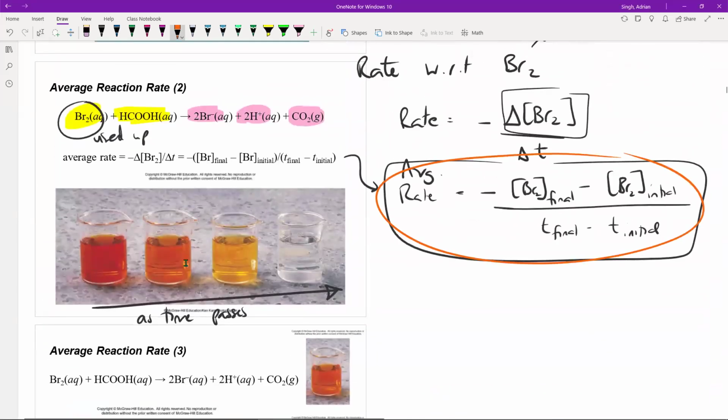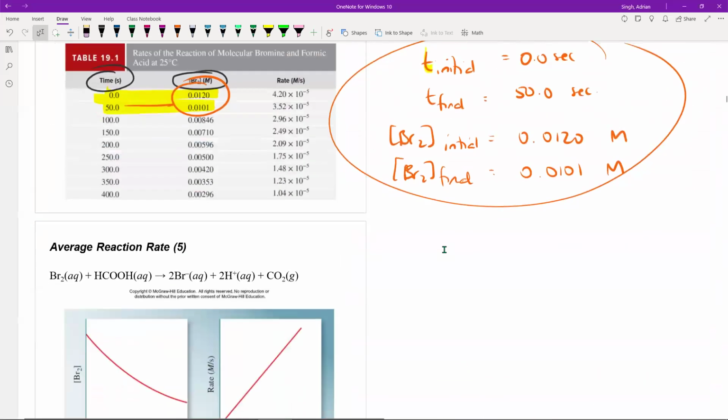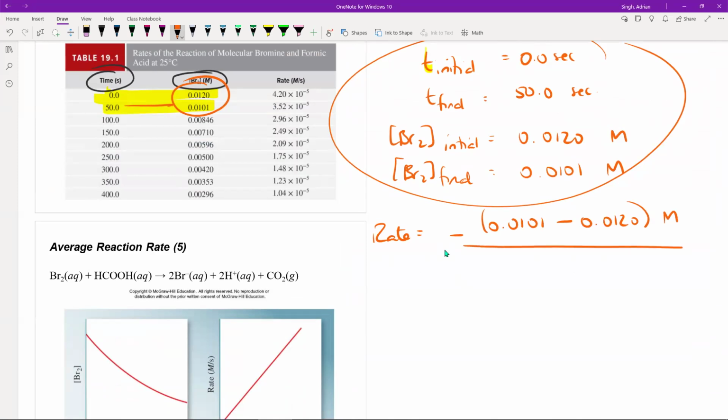I can then take these and stick them into the general equation that I had given up here. So if I substitute, the rate equals negative, and then Br2 final, 0.0101, minus Br2 initial, 0.0120, that's molar, divided by the change in time, T final is 50.0 minus 0.0, seconds. So obviously that's going to give me 50 seconds in the denominator.